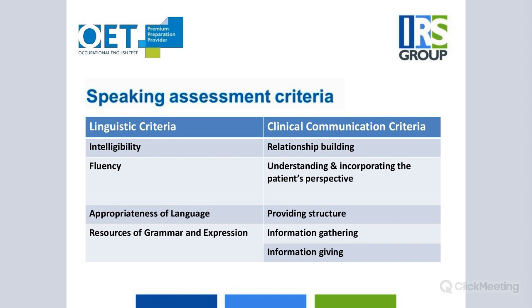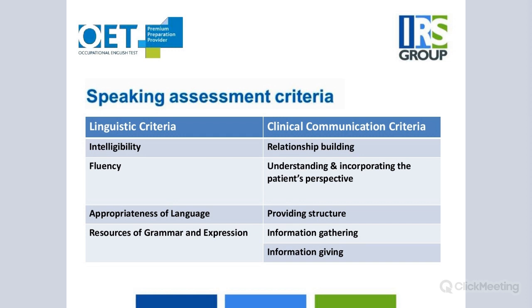The fifth one is information giving. Whatever information you give needs to be precise, and you need to provide it in a good manner so that the other person understands it.